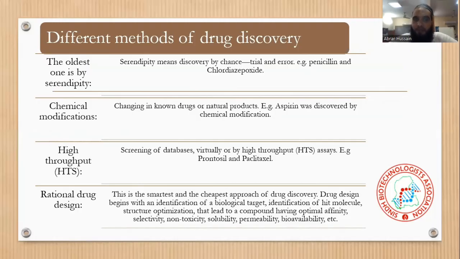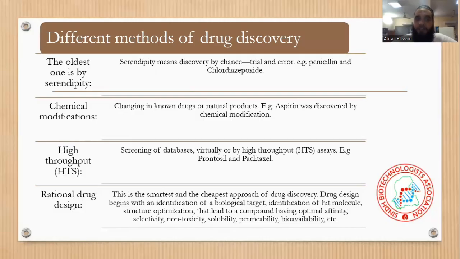The second approach is called chemical modification, in which the researchers modify existing chemical substances which have some biological activity, by addition or deletion or by some chemical reaction, into other substances which have the desired properties or desired therapeutic abilities. For example, aspirin is one of the well-known examples of this process.